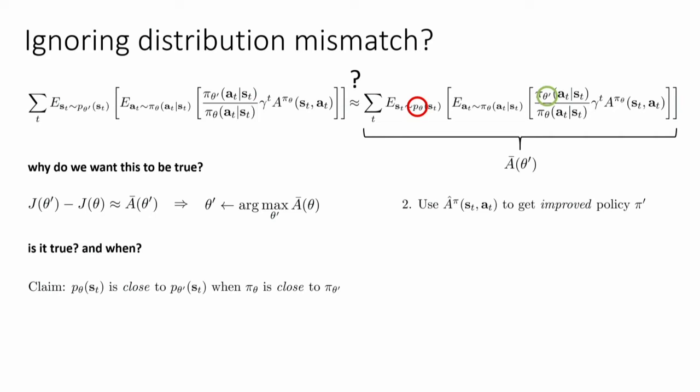If you imagine the car driving at the edge of a cliff, a small difference in action might lead to a very large difference in states. So we need to prove that when π_θ and π_θ' are close together, p_θ(s_t) and p_θ'(s_t) are in fact also close together. And in order to do that, we need to define what close together means. So let's work on that a little bit.